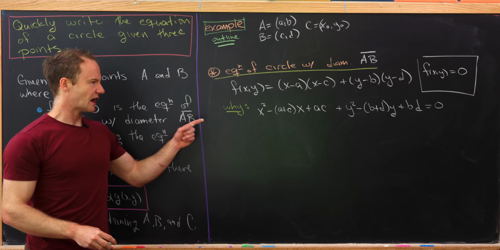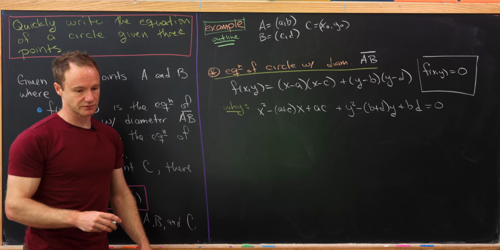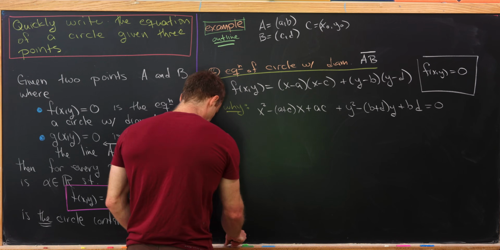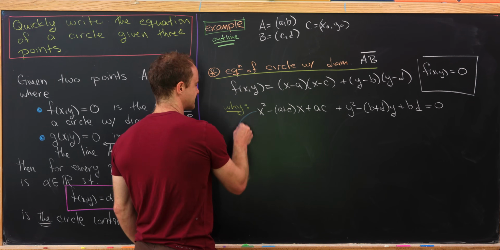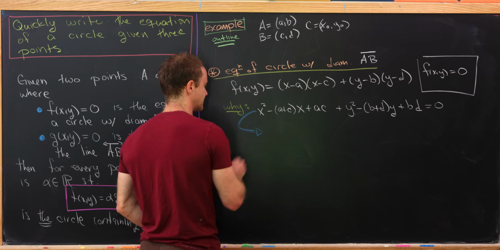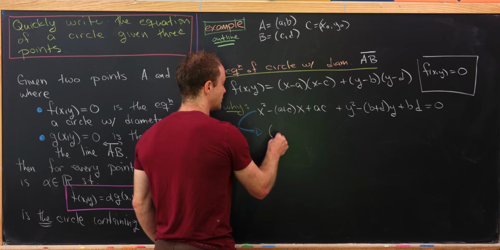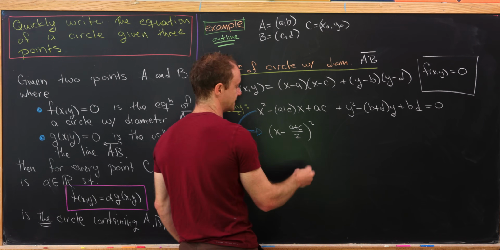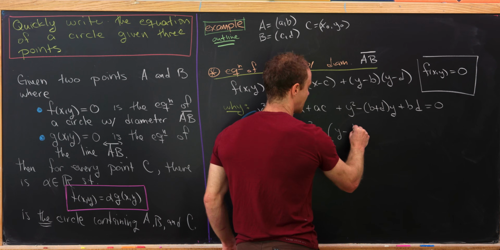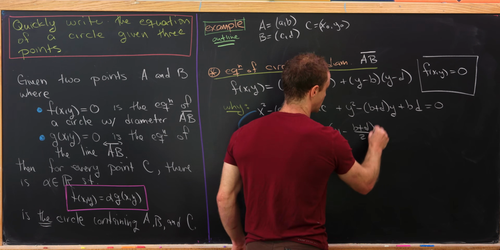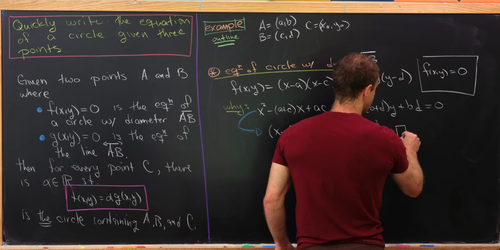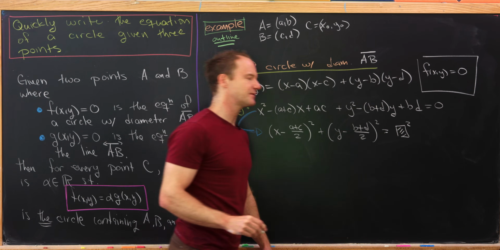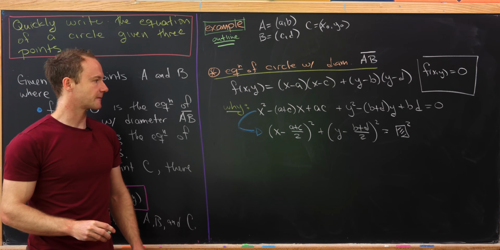Okay, so now let's maybe complete the square, move some things around, and see what we have. And maybe I'll skip some of the details. This is really just an exercise in symbolic manipulation. But you end up with x minus a plus c over 2 quantity squared plus y minus b plus d over 2 quantity squared equals something squared. The something squared doesn't really matter here.